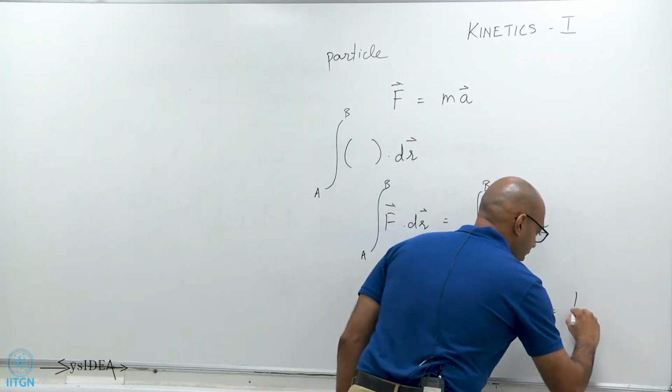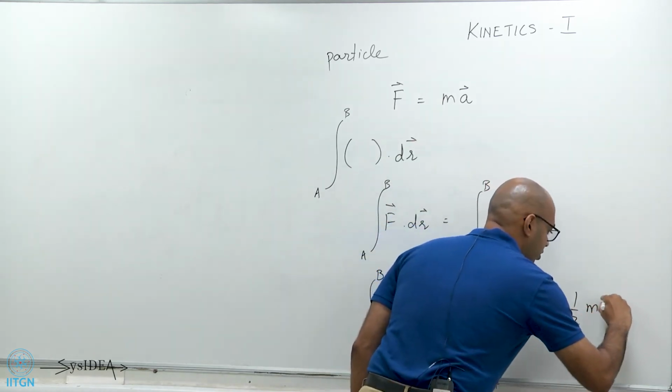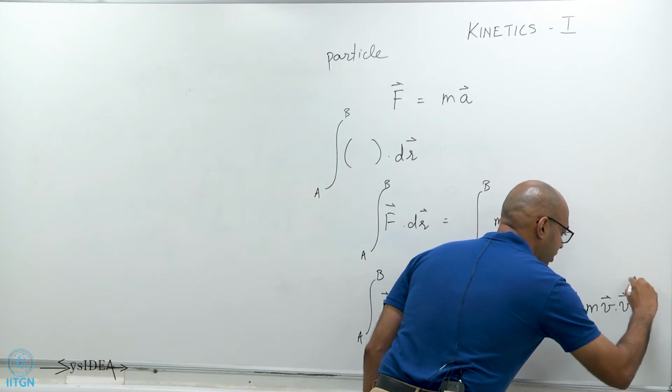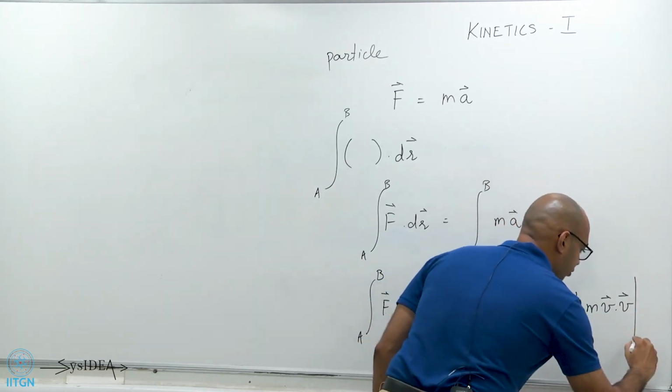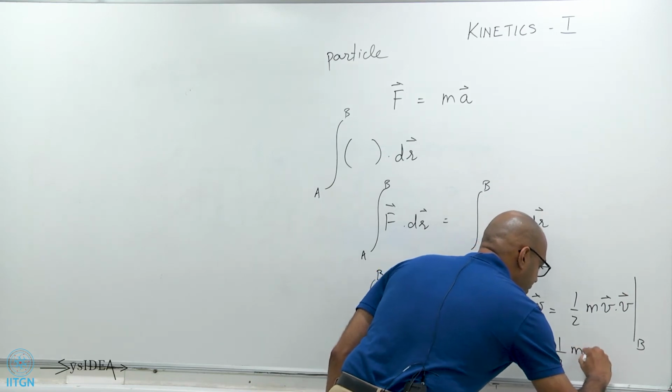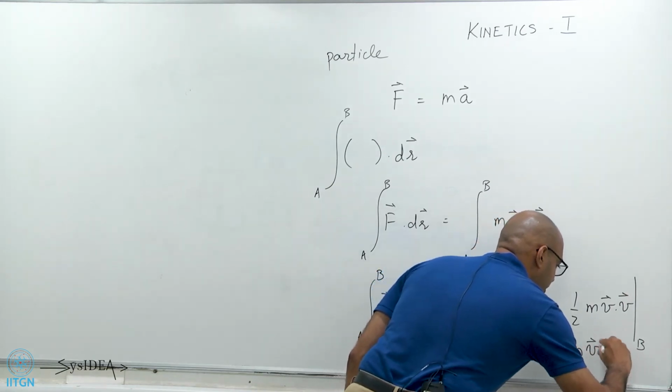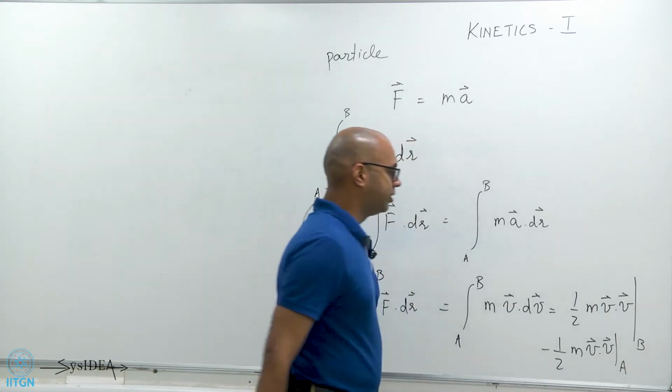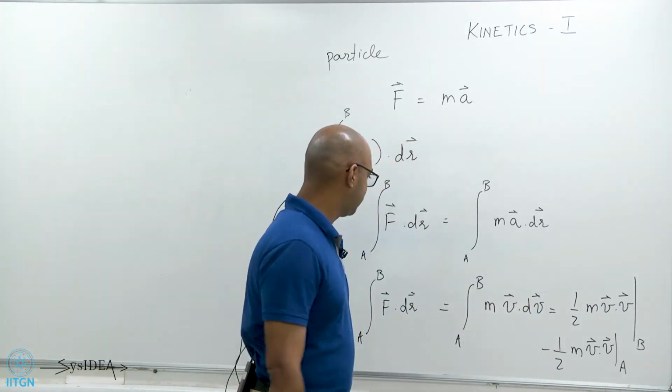This gives me half m v dot v at B minus half m v dot v at A. So this is the difference in kinetic energies.